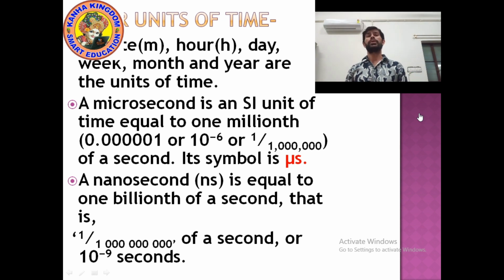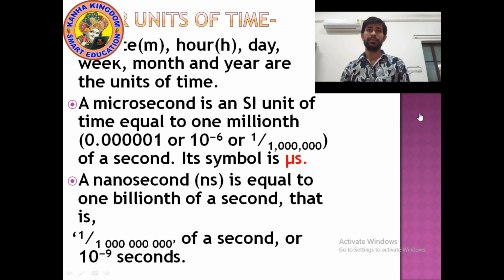So what is microsecond? A microsecond is an SI unit of time. Microsecond is also a unit which is equal to 1 millionth of a second. Yes, a microsecond is equal to 1 millionth of a second.